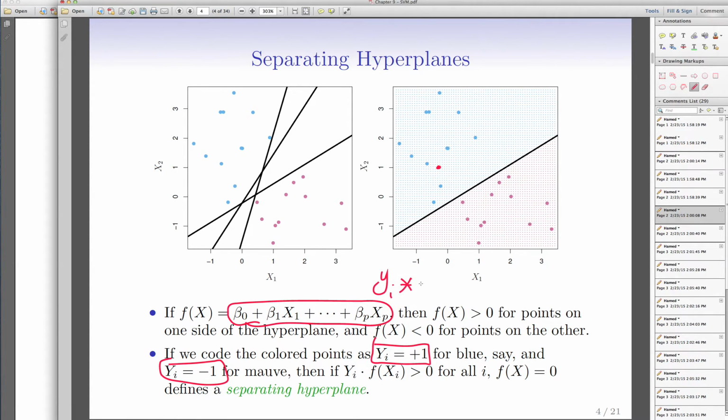Yi times this is always more than 0. Why? Because whenever it's negative, we assign it to -1, and negative times negative is positive. Whenever it's positive, we assign it to +1, so it becomes positive. So a separating hyperplane is a hyperplane that has this characteristic: Yi times the hyperplane is more than 0.